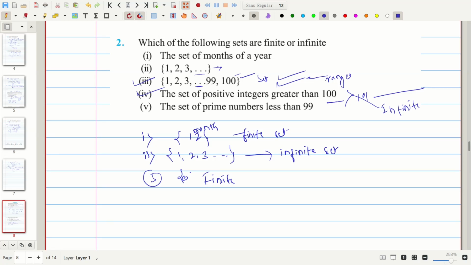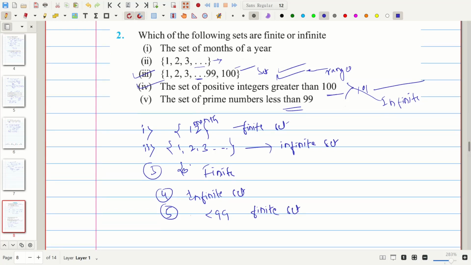And the fifth is the set of prime numbers less than 99. Here a specified range is given, therefore this is a finite set.